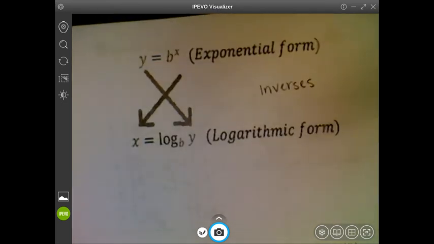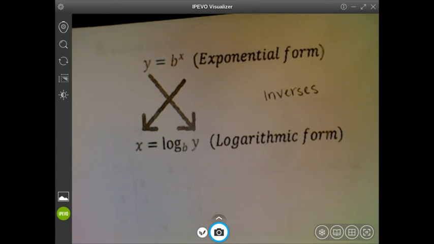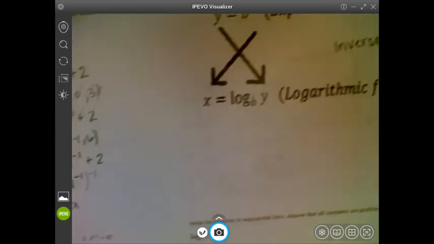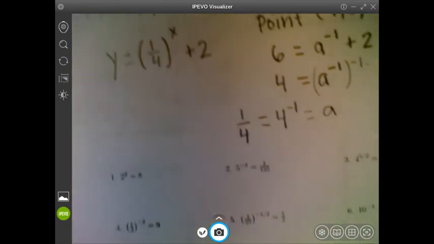On this next slide we're just going to practice converting back and forth. There's not really any solving here, just convert away. If you have 2 cubed equals 8, that is a true statement.